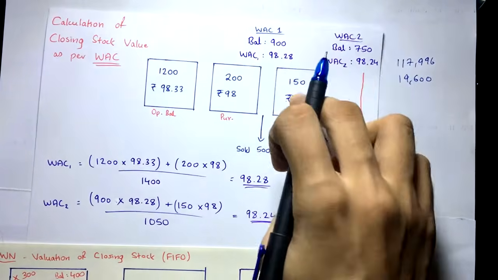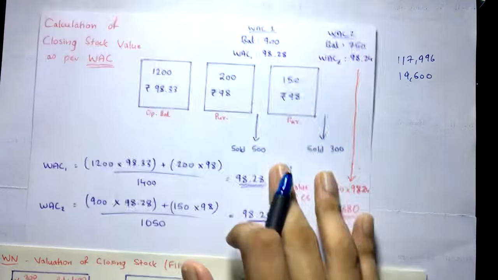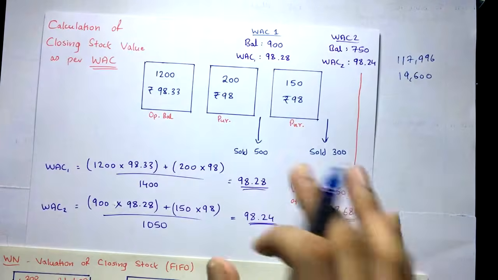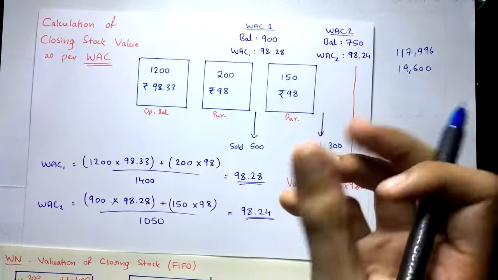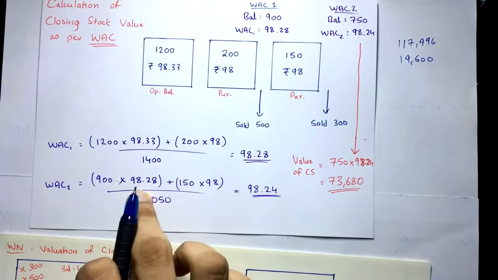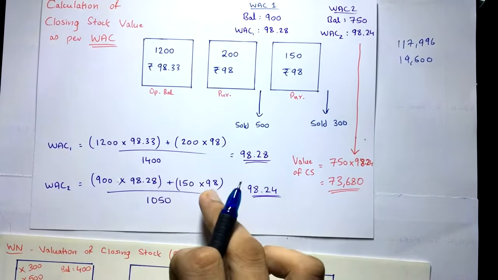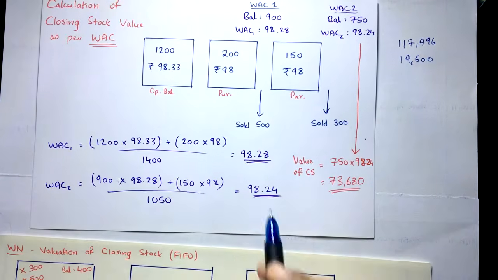You take the summation of the previous cost and the new purchase: the summation of the cost divided by the summation of the quantity. So 900 into 98.28 and 150 into 98, divide by 1,050, you get 98.24.